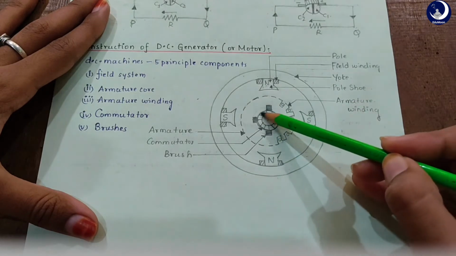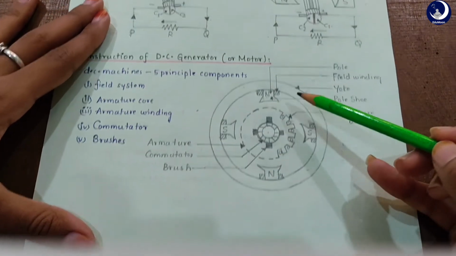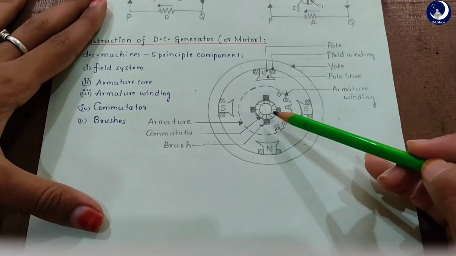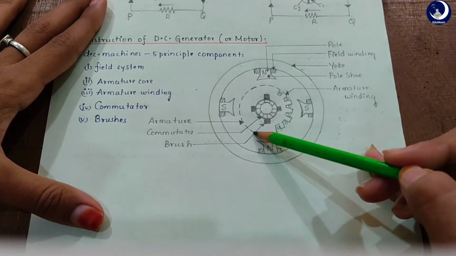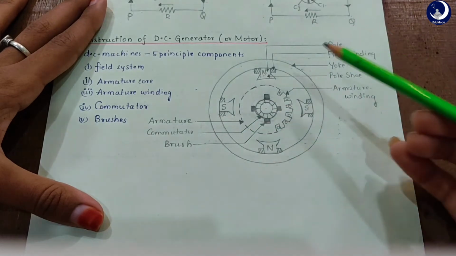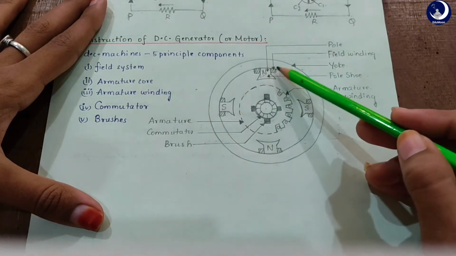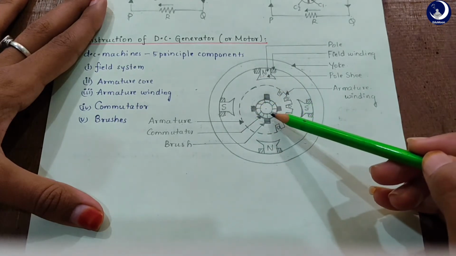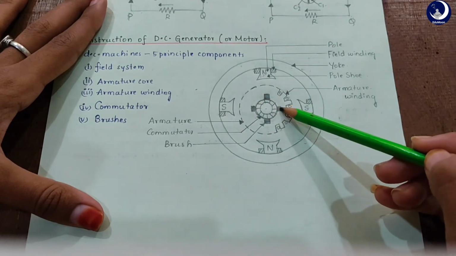This is the commutator, and these are the brushes. Here we have seen this is the commutator and this is the commutator brush. So it is yoke, pole, field winding, armature, armature winding, then commutator, brush.